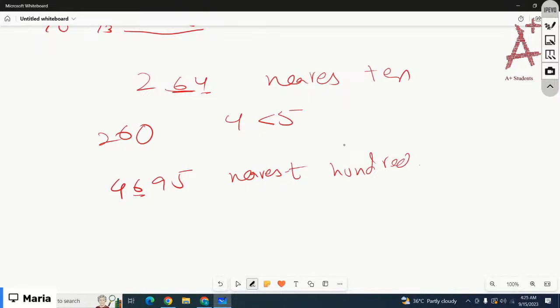So just go to the hundreds digit. 6 is at the hundreds position, right? On the right of the 6, you have 9. Compare this number to 5. 9 is greater than 5, right? When it is greater than 5, that means you have to round up. Round up means you have to add 1 to the hundreds digit. 6 plus 1 is 7, and replace the others with 0. So it would be rounded off to 4700, right?